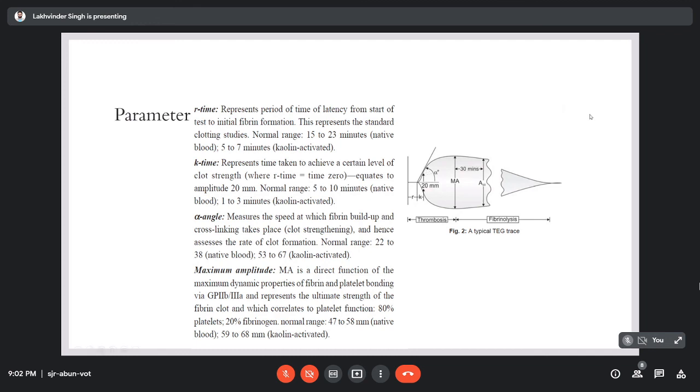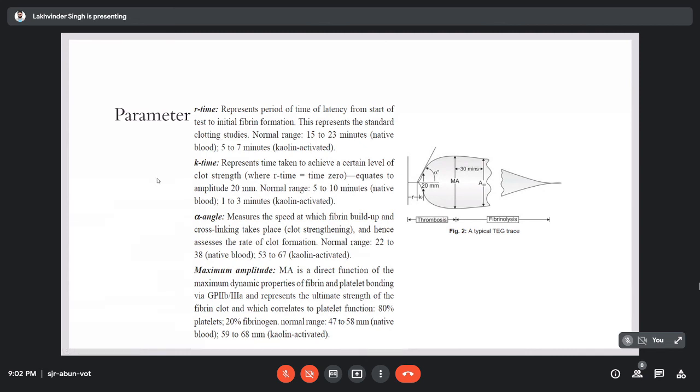Then comes the maximum amplitude. It is because of the platelets and fibrinogen, because we know that a firm clot is formed because of fibrinogen and platelets both, as per the new cell-based model. So if R time is increased, coagulation factors are deficient, so the patient requires fresh frozen plasma.